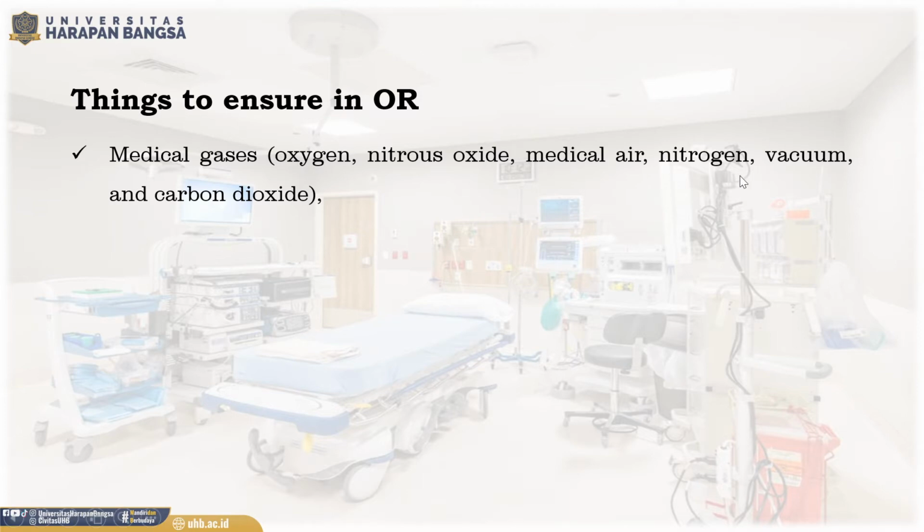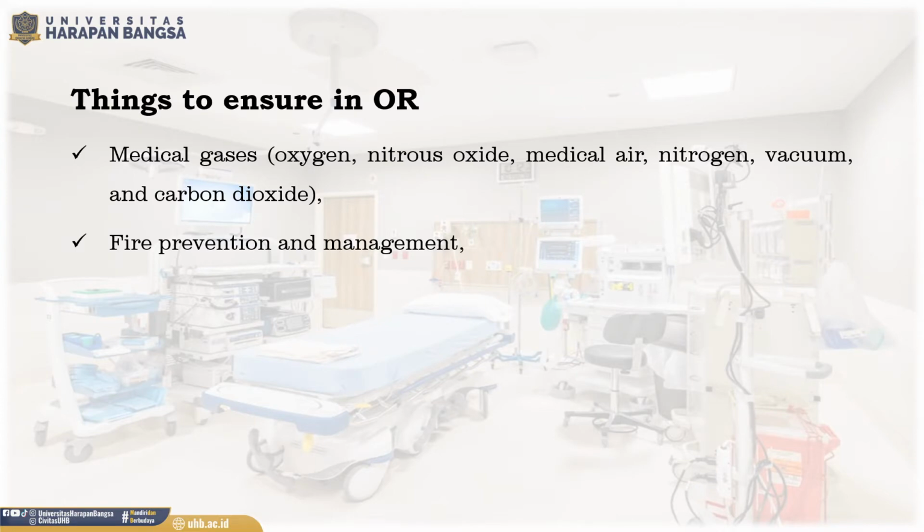Nitrogen is for driving OR equipment. Vacuum is for pulling waste anesthetic gas out of the OR. And carbon dioxide is for insufflating, or it is for respiratory stimulation during and after anesthesia.